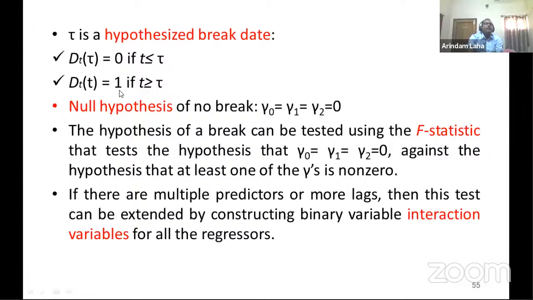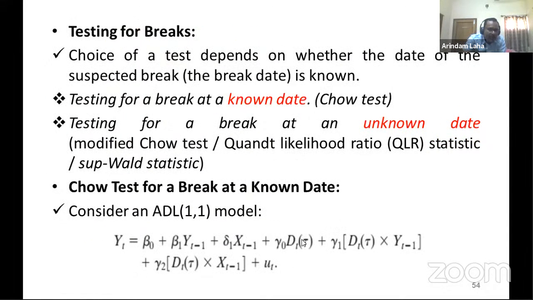So in this way, you are considering a particular time. Now if you have this dummy variable, then you can consider interaction terms.